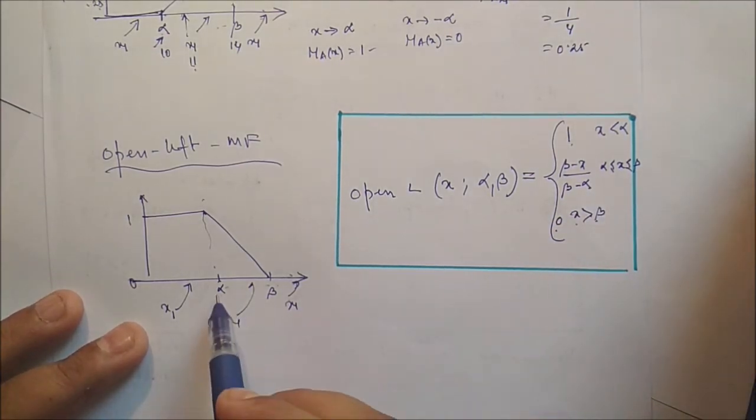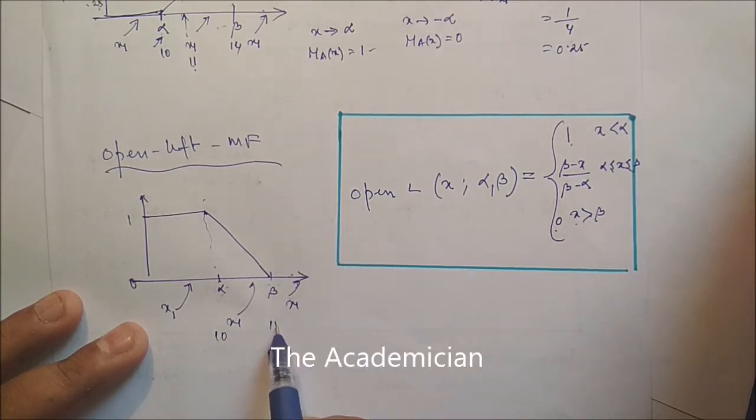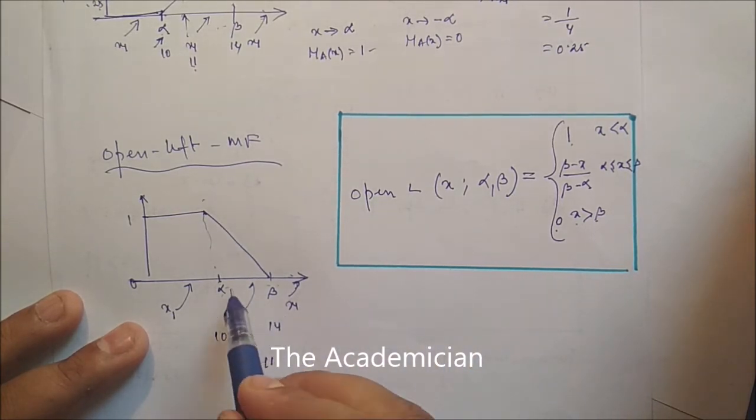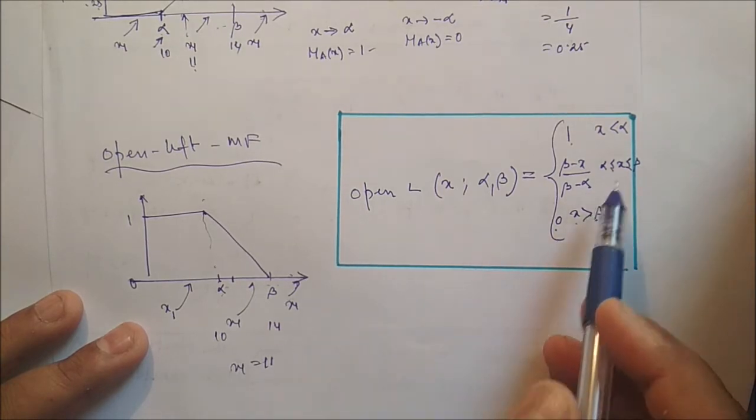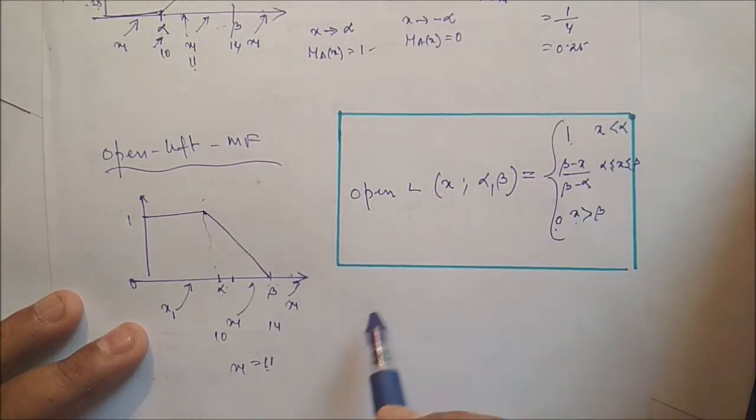So we can take one example. Say alpha is equal to 10 and beta is equal to 14. If x1 is 11, then what is the value? The value of x is in between alpha and beta, so we have to apply this particular formula.